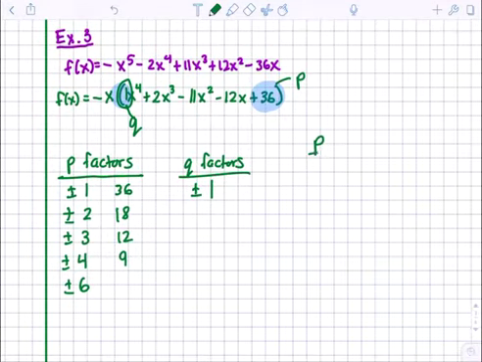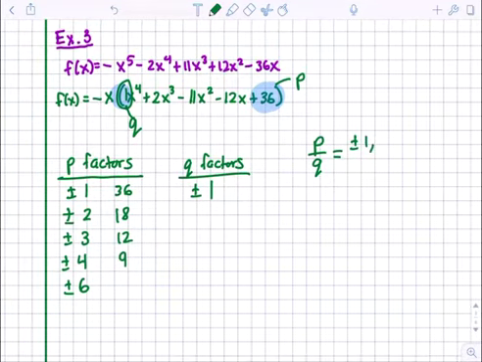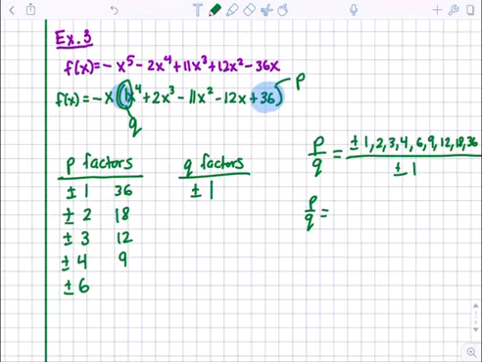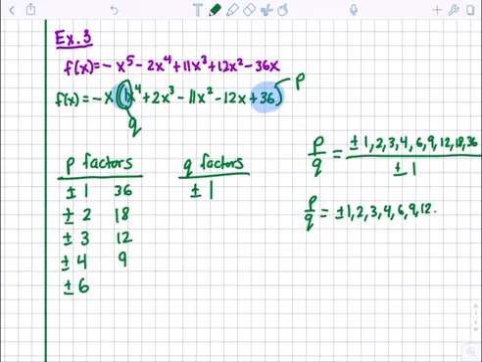So we have to find our p over q, which is going to be plus or minus 1, 2, 3, 4, 6, 9, 12, 18, and 36, all over plus or minus 1. So all of these over plus or minus 1, we're going to get pretty much that whole line back. So remember, these are all our possible roots.